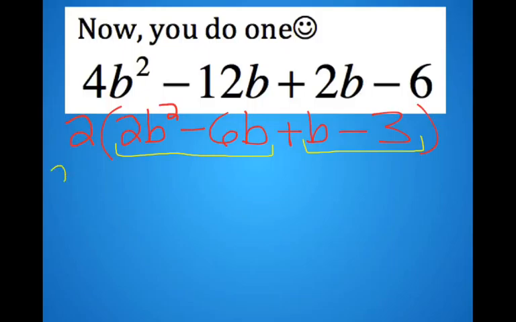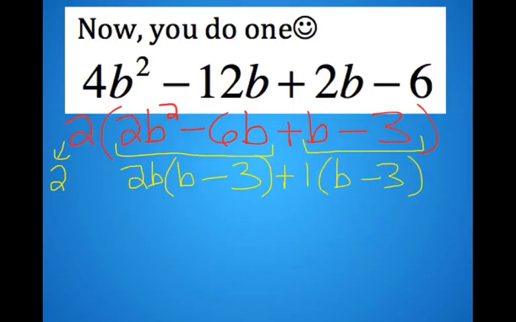We're going to carry the 2 along for the ride, by the way. So first we're going to take out a 2b and see what's left. So that would be b minus 3. And then we're going to take a 1 out, and that would leave us with b minus 3. And we notice that b minus 3 would be a GCF for both of them. And then that leaves us with 2b plus 1.